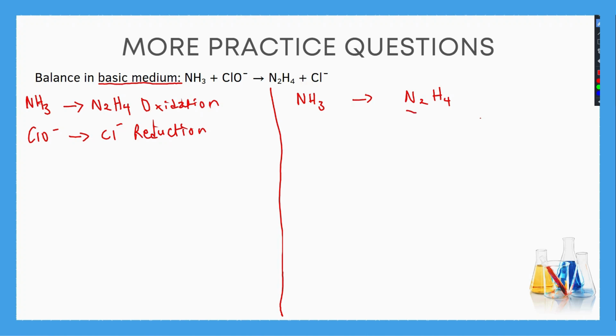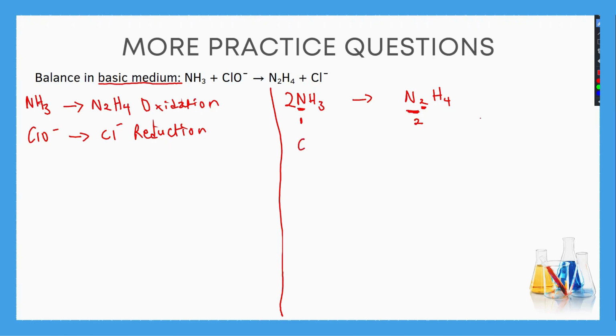Yes, nitrogen. Over here, we have two atoms of nitrogen because of this subscript of 2. And over here, we have nitrogen, which is just one atom. So we have one atom of nitrogen on the left side and two atoms on the right hand side, which tells us that we need to put a coefficient of 2 here in order to balance nitrogen. So we have balanced nitrogen now.